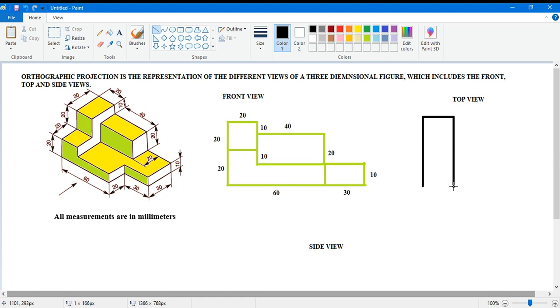Close this one here also. And if you notice, I need to close right here.